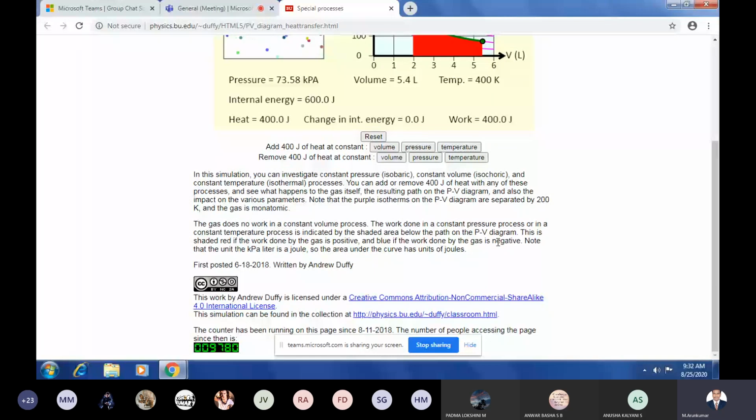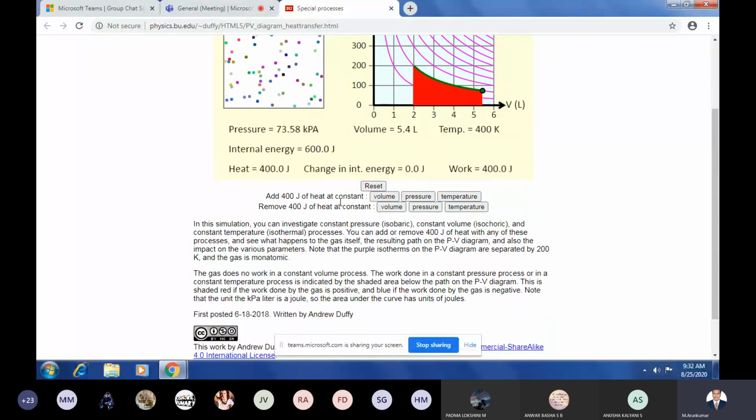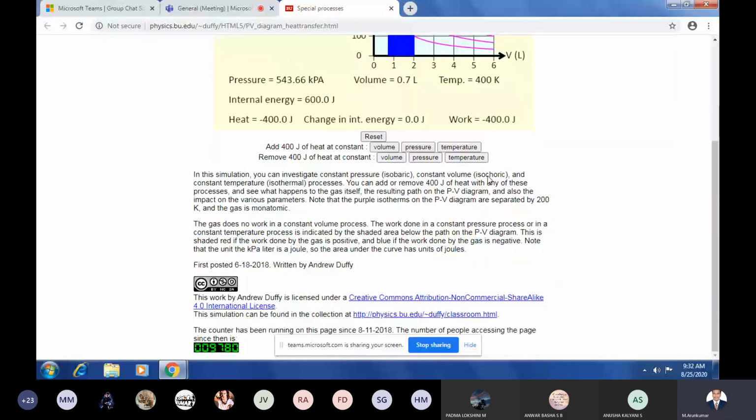If the shaded area is red, the work done by the gas is positive, so there is a positive work done.